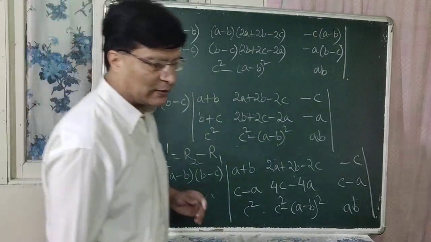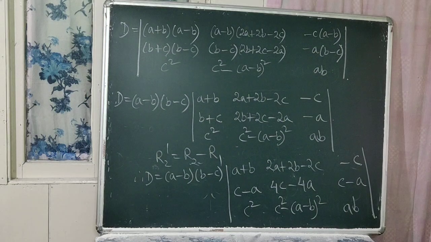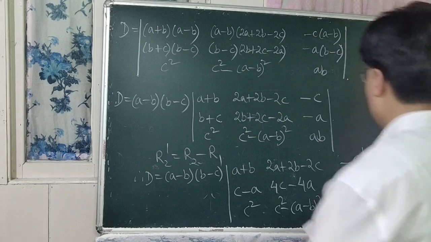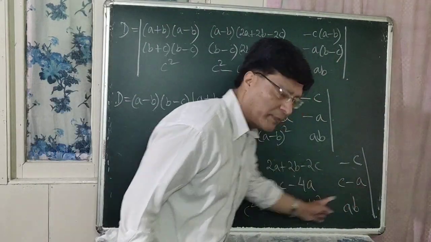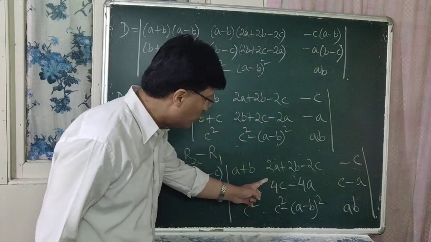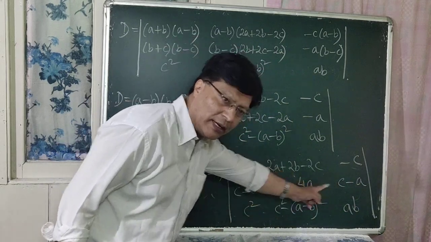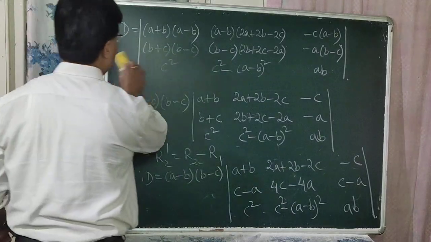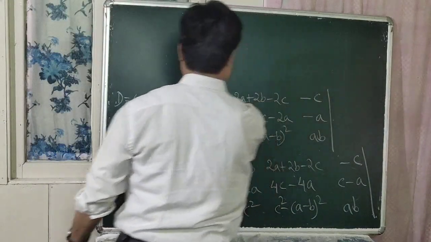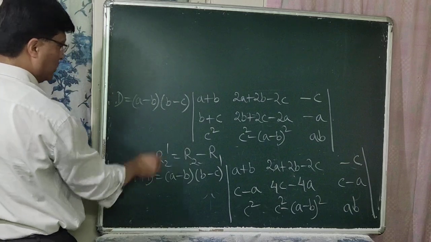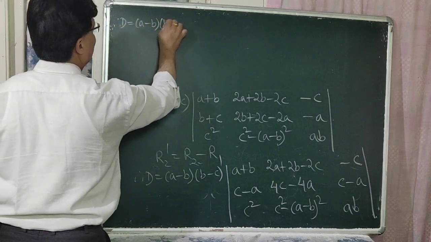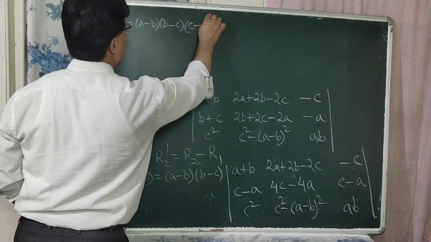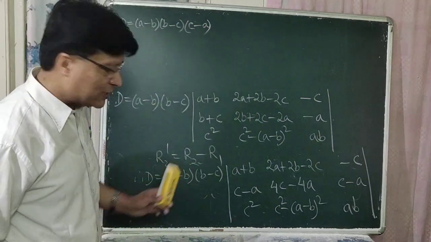So again we will simplify it. Okay? We will simplify it now. So now there is common here. Again 4 is taken common here. So within bracket what do we have? c minus a. Again that c minus a is taken outside. Okay? So therefore D is equal to a minus b into b minus c into c minus a. c minus a is taken outside, that is common.